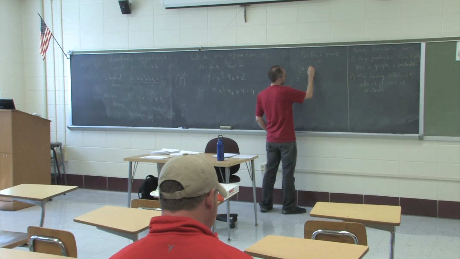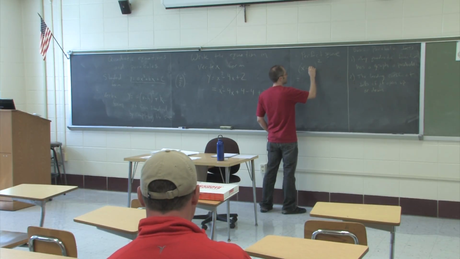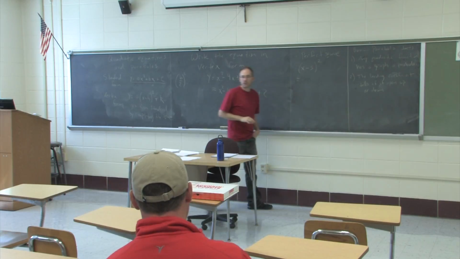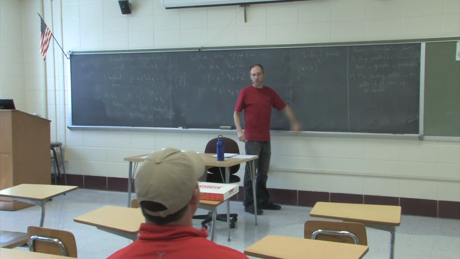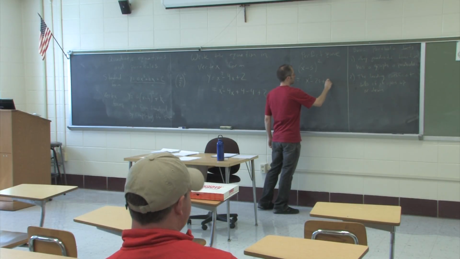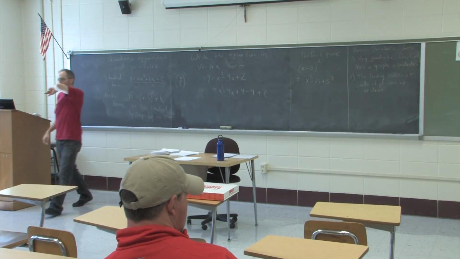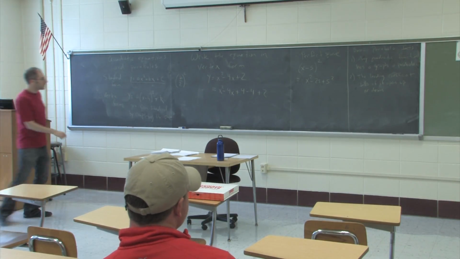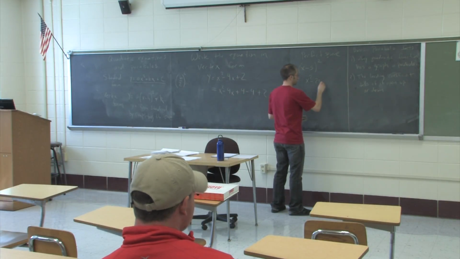It's still x minus 2 squared plus 2. So a perfect square has this form, and if you multiply it out, x squared minus 4x plus 4 is x minus 2 squared.